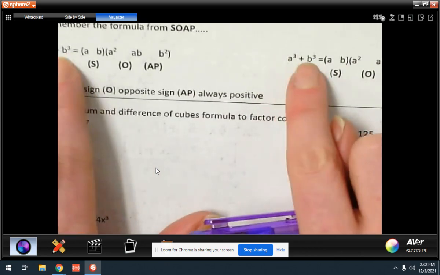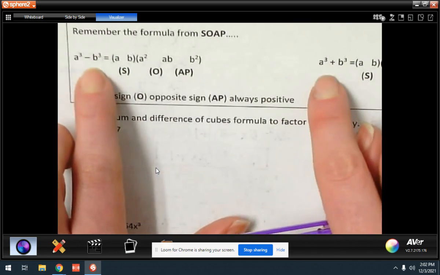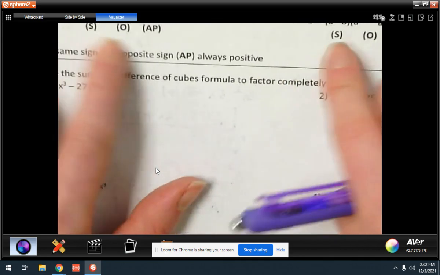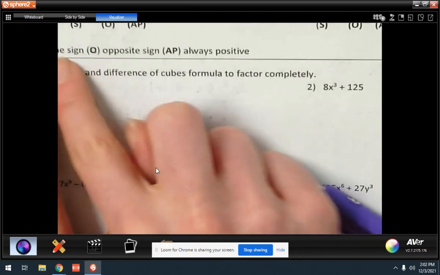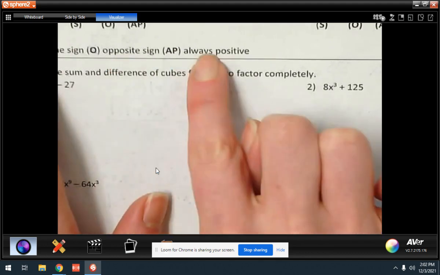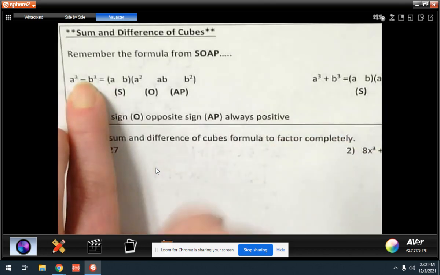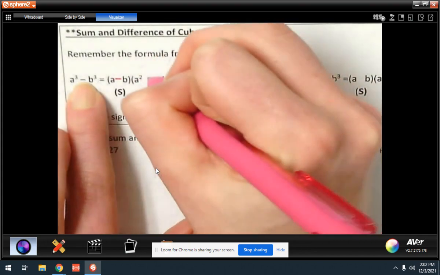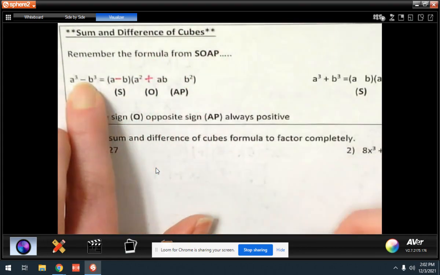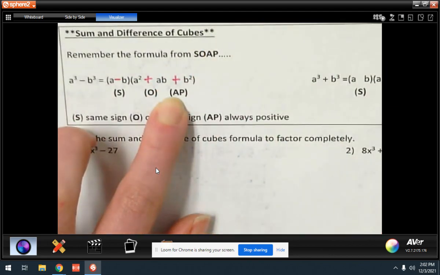Once you realize you're working with a sum or difference of cubes, you're going to use the acronym called SOAP. S-O-A-P, SOAP. It stands for same, opposite, always positive. If you are working with minus, your first sign is going to be the same, then opposite, so plus, and then always positive, put a plus sign.